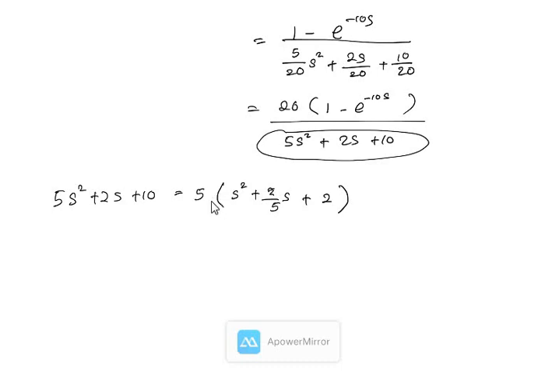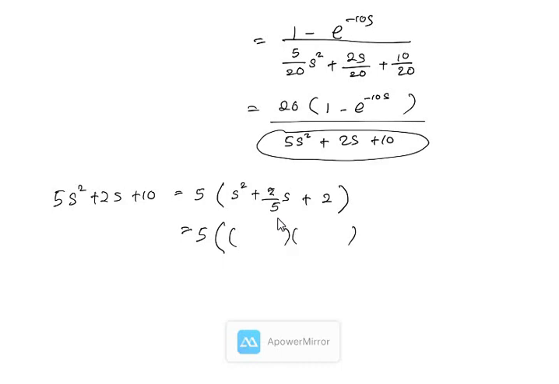And then next, how to factorize this one? After we factor out the 5, how do we factor this equation? How to get 2 over 5? This means 2 over 5, that is, we factor out like this.